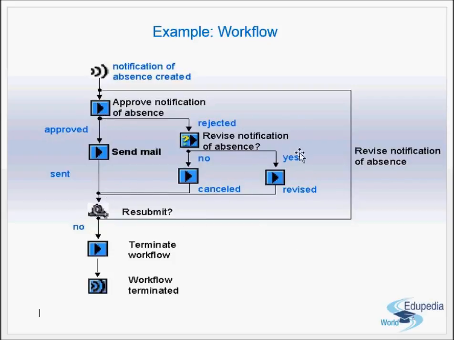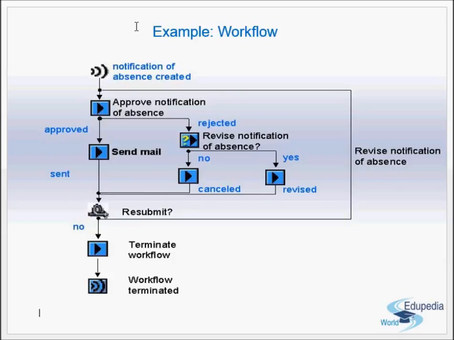this chain flows. Okay, so if it's approved or simply rejected without resubmission, the workflow terminates. Otherwise it flows back. Again the employee will change the leave request and resubmit it.